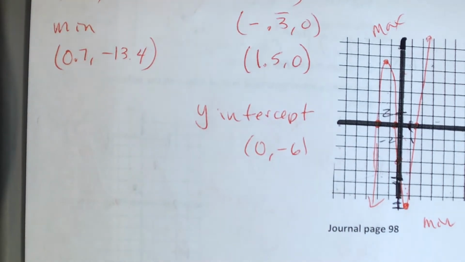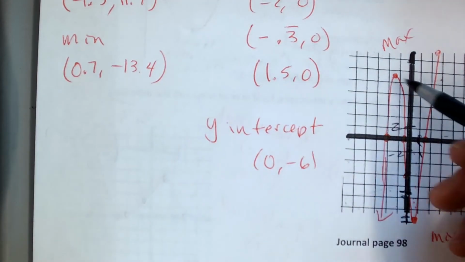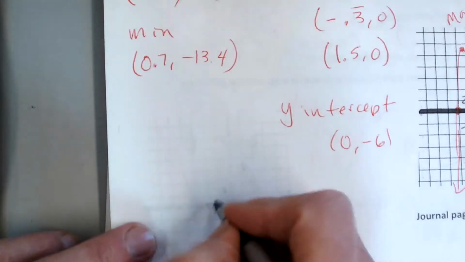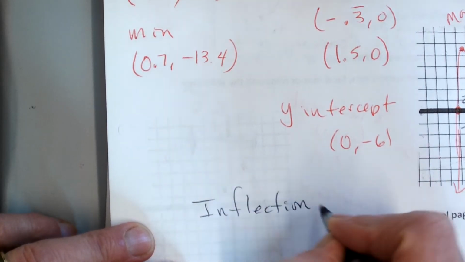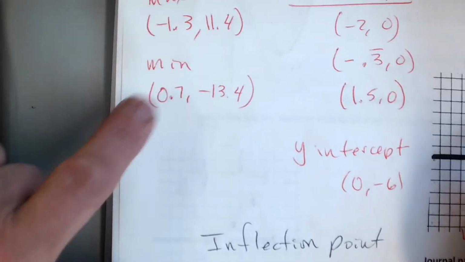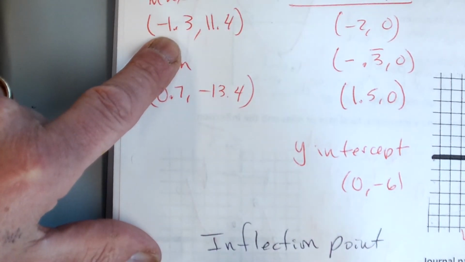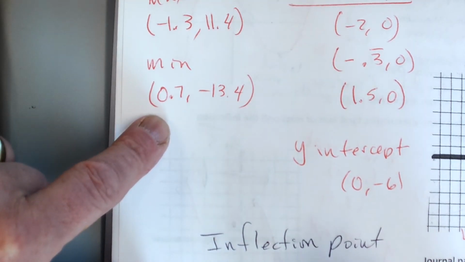All right, so now let's see if we can get that inflection point, okay? So the inflection point's got to be in the middle, right? My inflection point is in between my max and min. It's a little bit harder to do, but we can do it. I'm going to go from negative 1.3 to 0.7, okay?